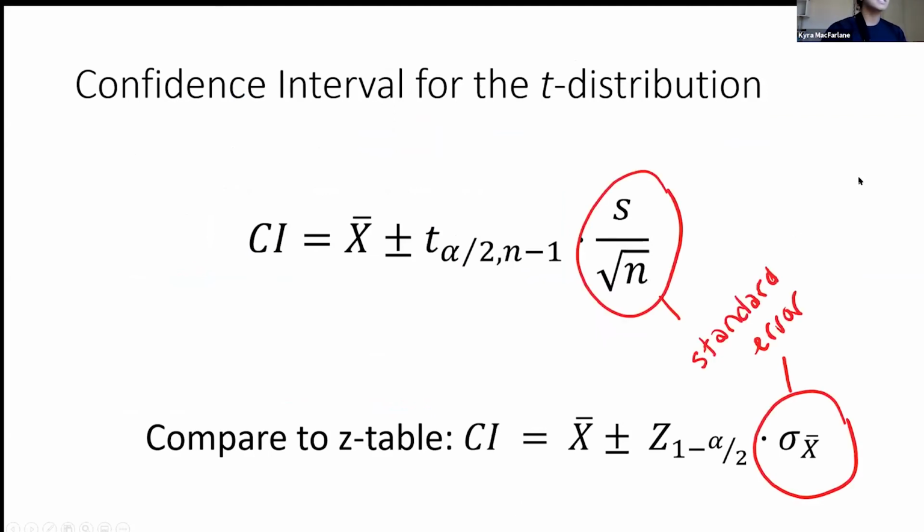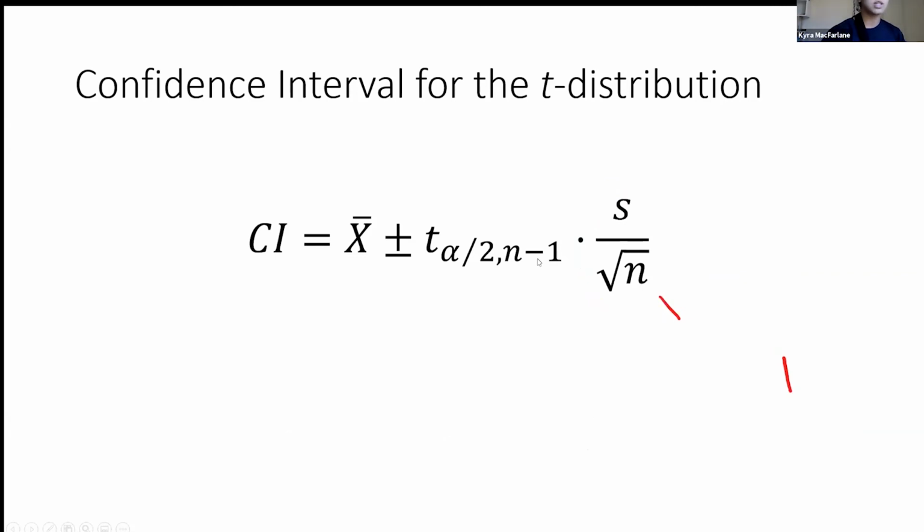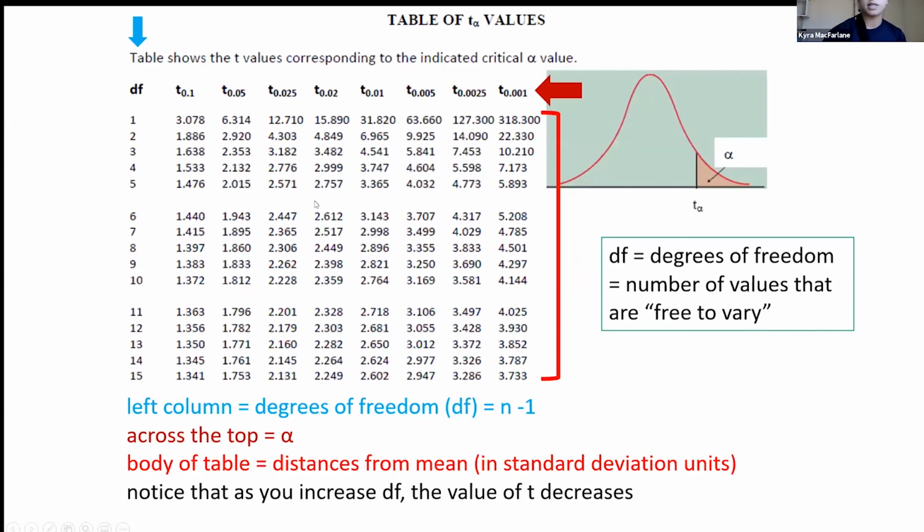The confidence intervals for the t distribution, again, are pretty much the same as our confidence intervals for a z distribution, except now we have our t crit, which is represented by alpha over 2, comma, our degrees of freedom. And that's really just a notation that tells you how you look it up in the table.